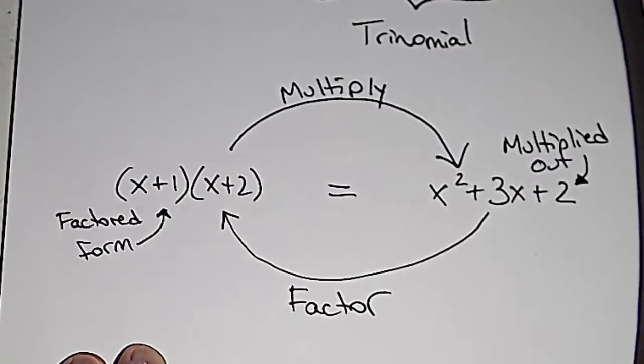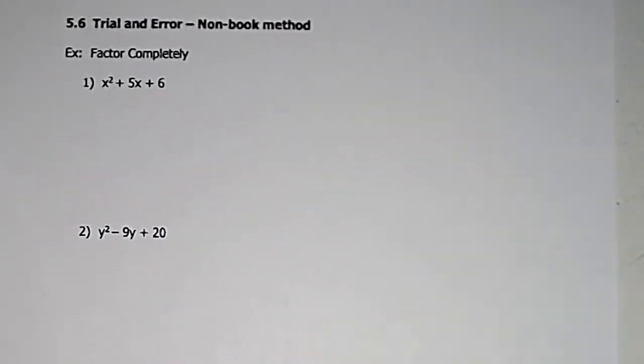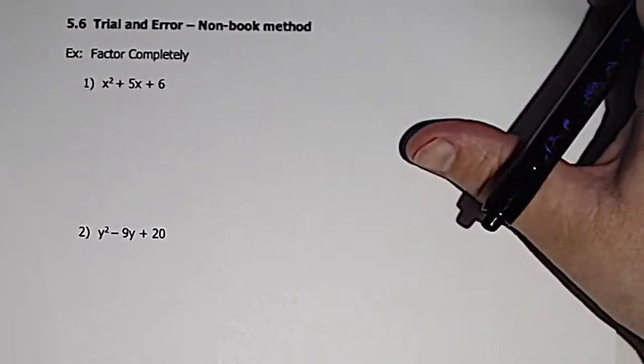In 5.6, we're going to learn and practice how to factor trinomials. I'm going to begin with a method called trial and error. Now, here is a bunch of pedagogy and theory before we get started. There are two main ways to factor trinomials.